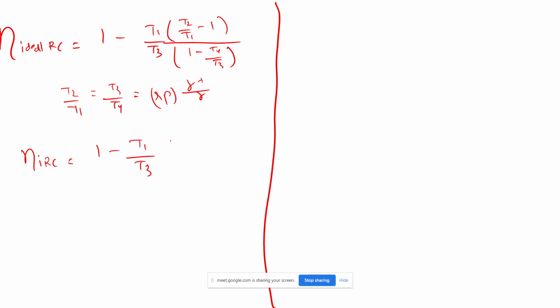So eta for the ideal regenerative cycle becomes 1 minus T1 upon T3, times Rp to the power gamma minus 1 upon gamma minus 1, upon 1 minus 1 upon Rp to the power gamma minus 1 upon gamma. Is it fine?